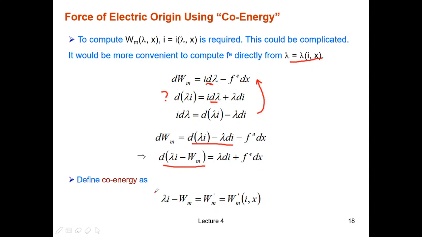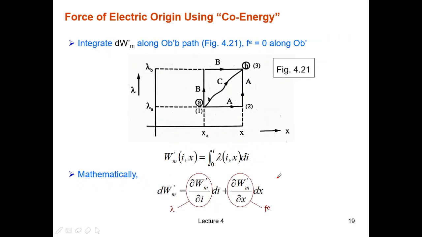Now we call this function, lambda I minus Wm, Wm dash. Obviously Wm dash is a function of I and x. And now what if we calculate dWm dash?